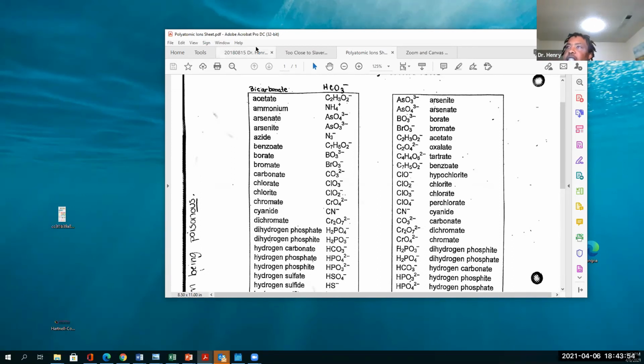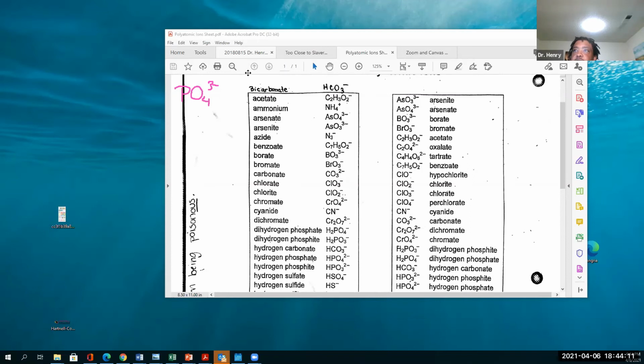Okay, so let's talk. PO4 3 minus. What is that one called? You see it on the table? Phosphate.